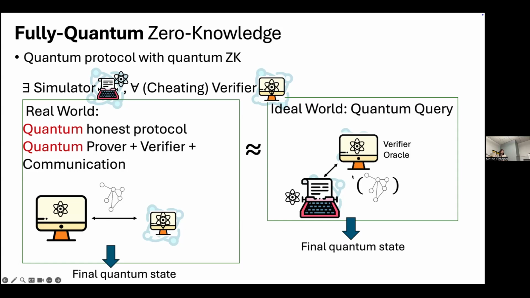And in the ideal world interaction, the simulator and verifier would output a final quantum state, because right now the output is no longer classical. In the most generic way of describing a quantum interactive protocol, your final output of the entire protocol would be quantum, because even the messages exchanged in the middle will be quantum. And the simulator right now needs to simulate this quantum output.